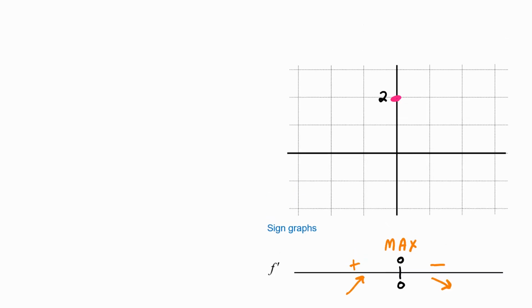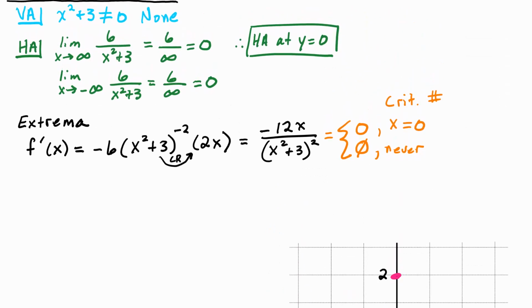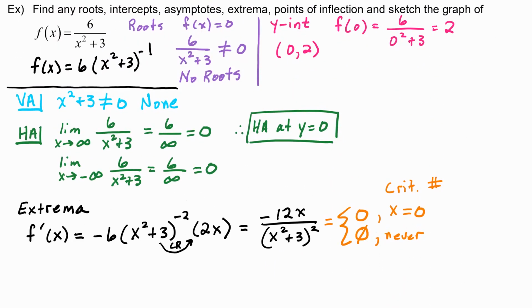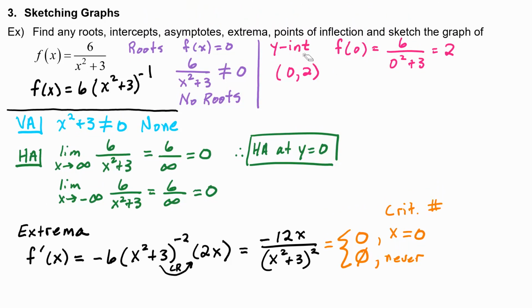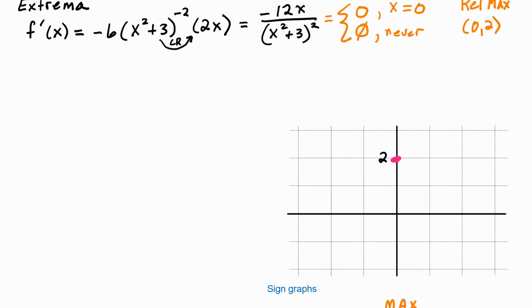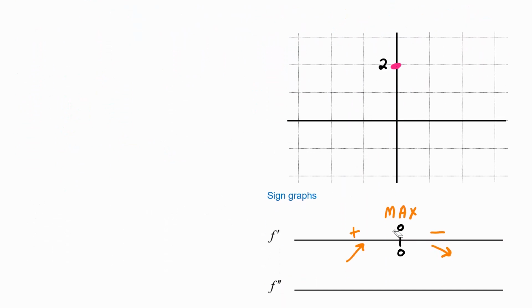Now we already know that f of 0 is equal to 2, so we know that y-intercept is also the relative max at 0, 2. So now we know what that has to look like on the graph. A relative max, we know we have a horizontal tangent there, so that's going to have to look like this.